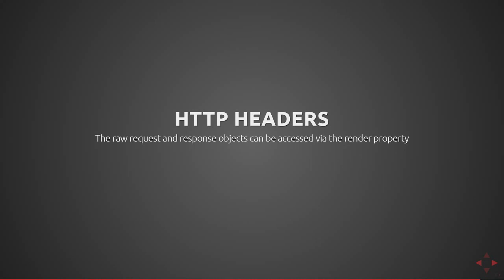So you can access the raw request and response objects from Express and actually access the HTTP request headers and make a determination based on that. To do so, we're using the render property on the configuration object, which is a function taking in the request and response, and you actually have to render the response to the client. So you have to say response.send and then the object that you want to send back and then the status code.